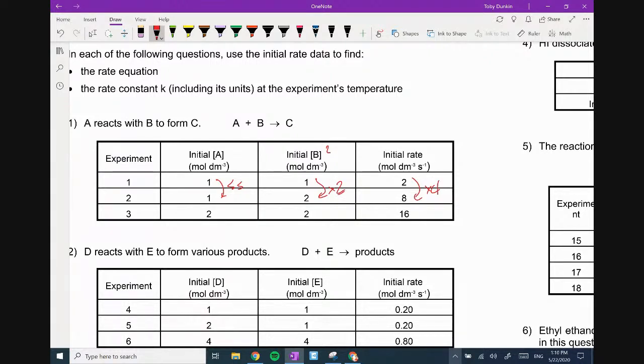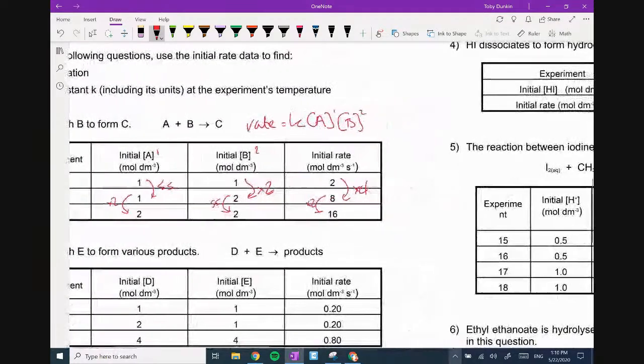Next one. Stays the same. Stays the same. Times by 2. Times by 2. So A is first order. Rate equals k, A to the power of 1, B to the power of 2. I like it. Right, let's calculate our rate constant from this.